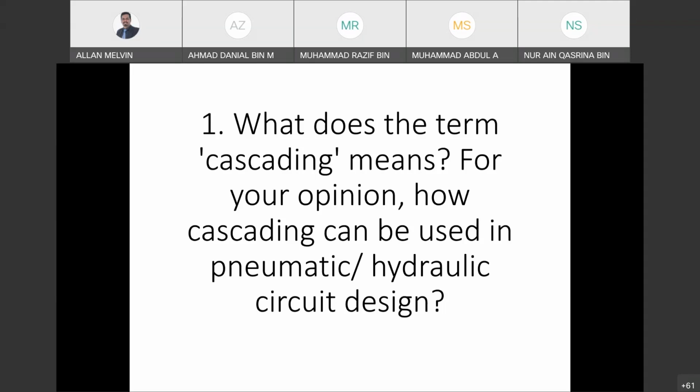In your opinion, how can cascading be used in pneumatic circuit design? Any idea, based on opinion?